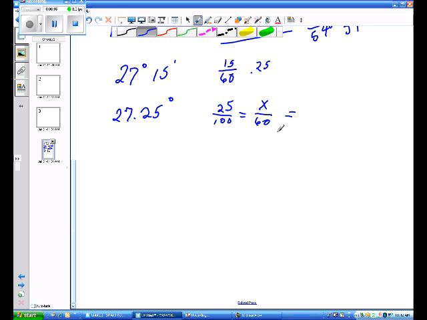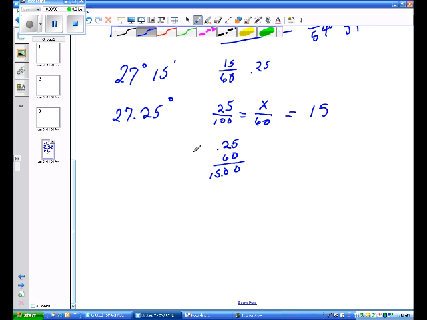If you do your 25 times 60 and then divide it by 100, you'll get your 15. Basically, another easier way is to multiply your 25 hundredths times 60, and you'll get your 15 minutes. I actually wrote that incorrectly. It's not that this is 25 hundredths, it's that this equals 15.